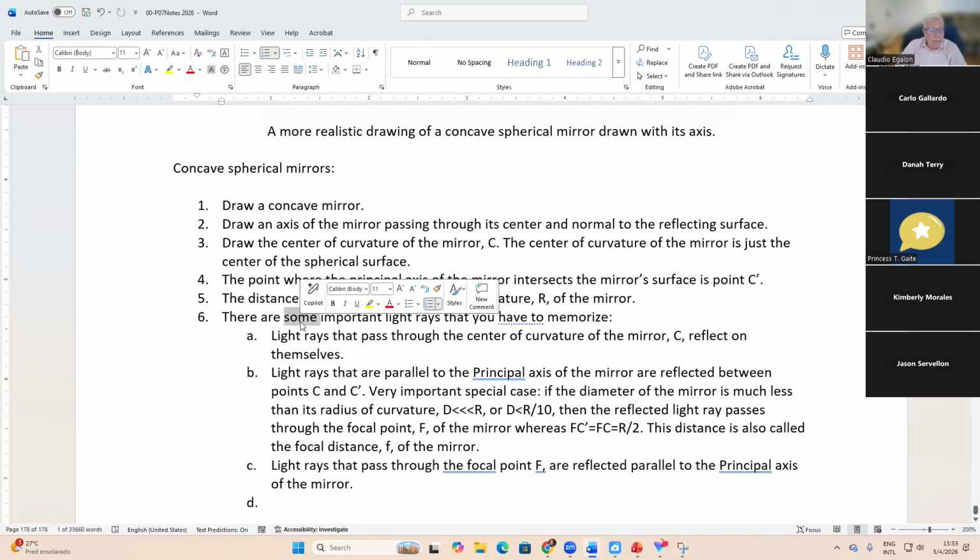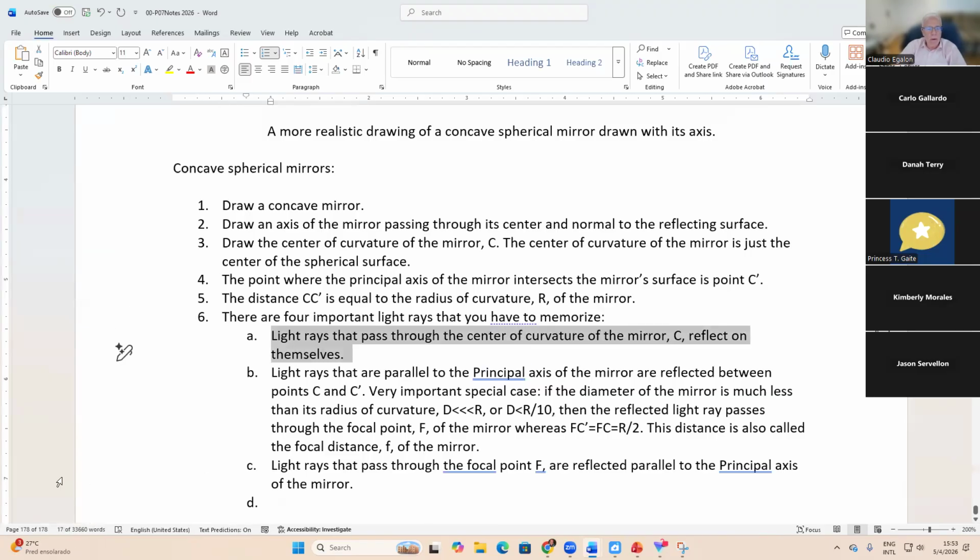There are four important light rays that you have to remember, to memorize. Light rays that pass through the center of curvature reflect on themselves. Light rays that are parallel to the principal axis of the mirror are reflected between point C and C prime. There is a very important special case for this light ray.